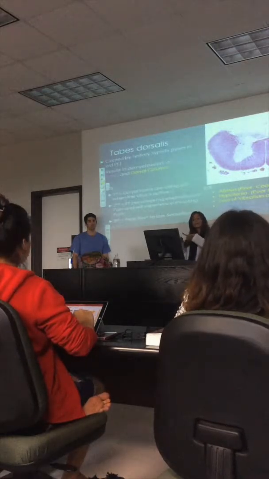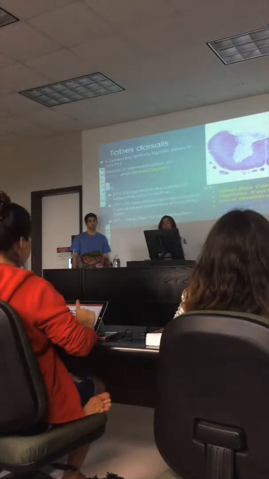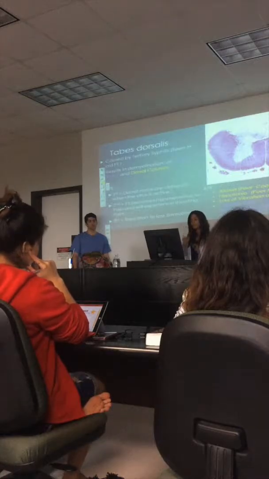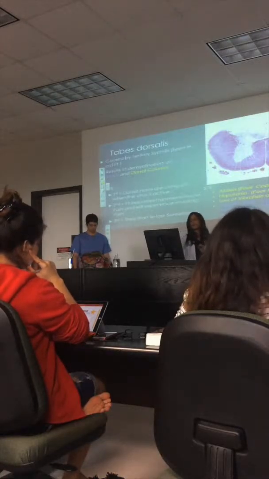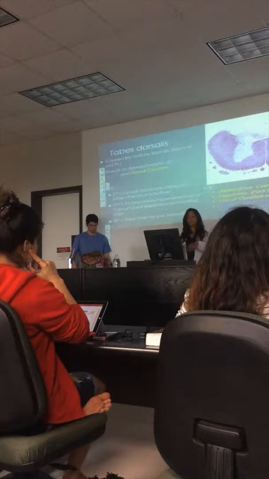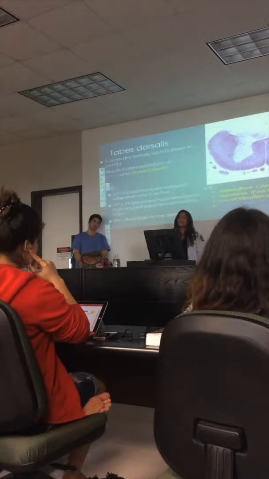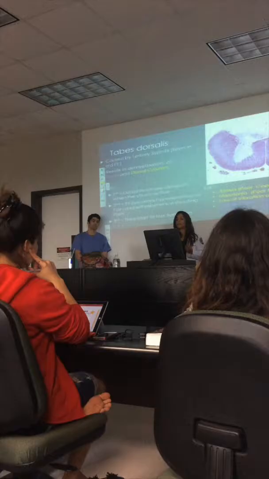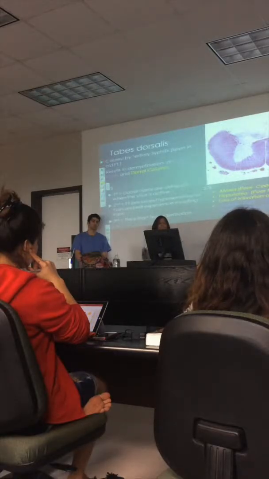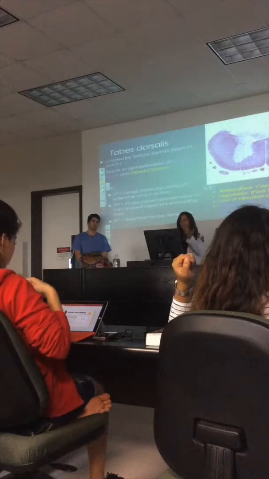Now, the progression of this disease is kind of special. First, as you can see here, the dorsal horns are going to be dying when the virus is active. But after that, the patient becomes hypersensitive to pain. So they're going to present with shooting pains because there's degeneration of those dorsal roots.